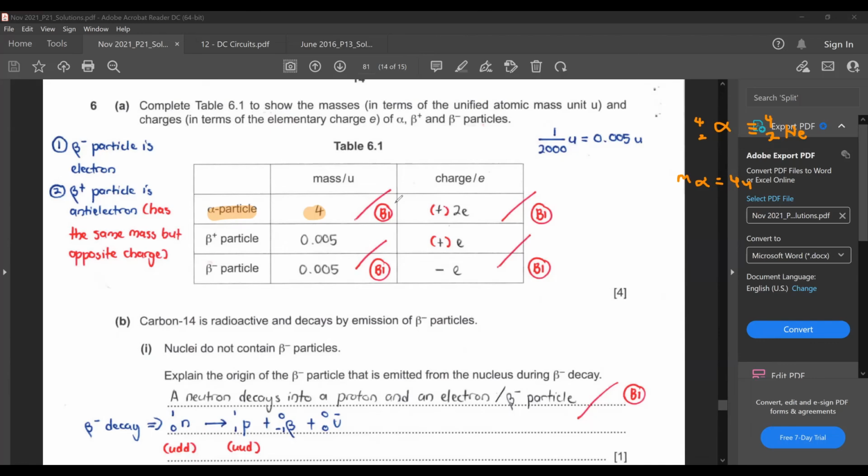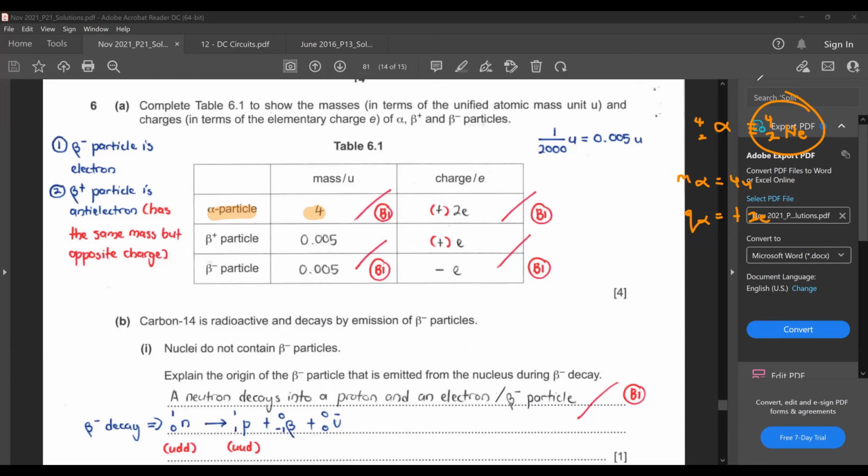You take the nucleon number multiplied by your unified atomic mass. And then the charge of your alpha particle or helium nucleus is going to be plus 2E. It's positively charged because it's a helium nucleus. Nucleus is always positively charged. So this one will be plus 2E.